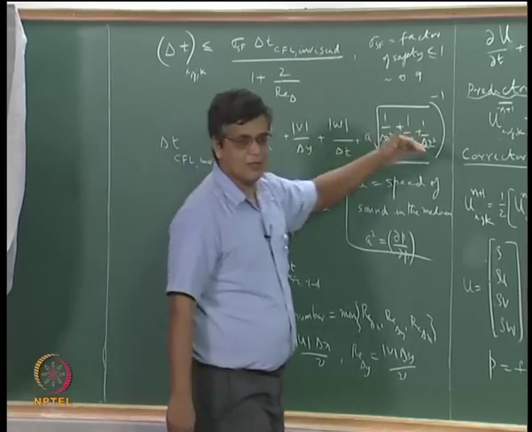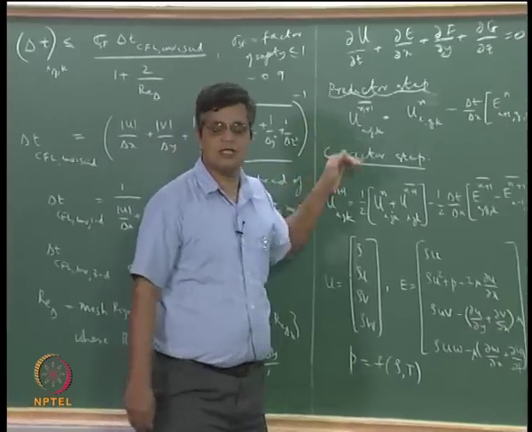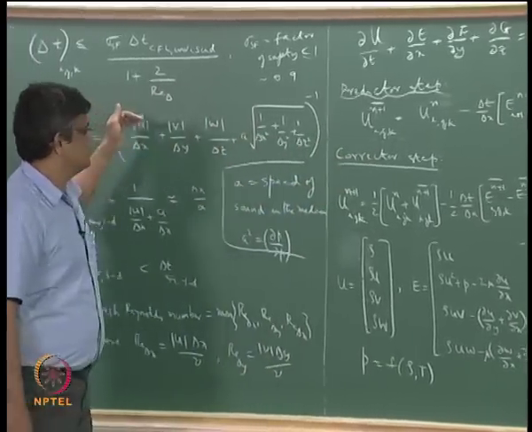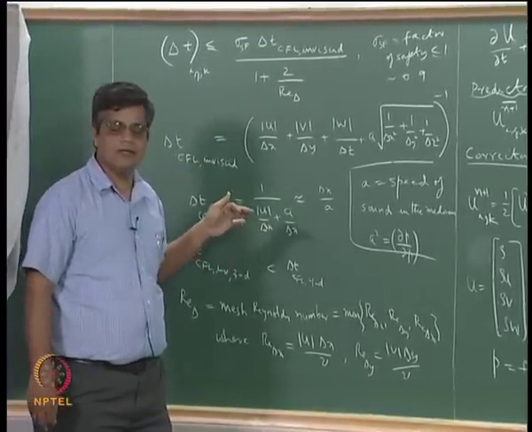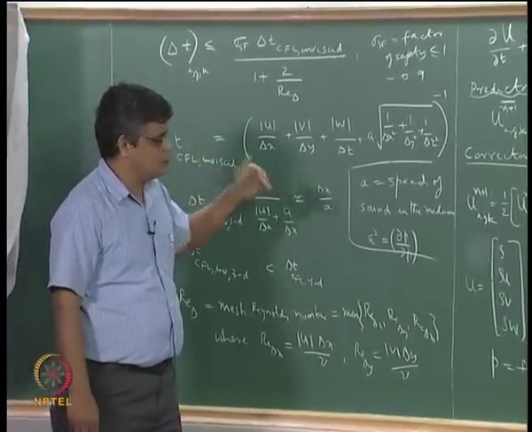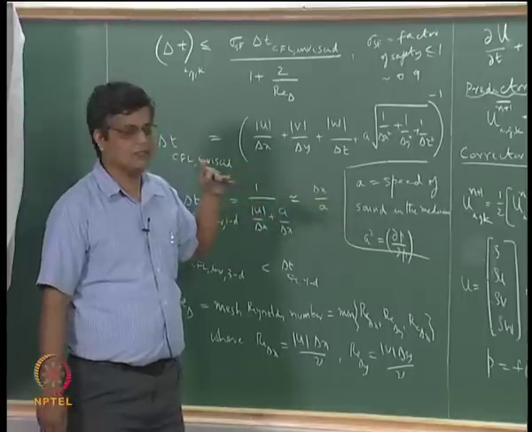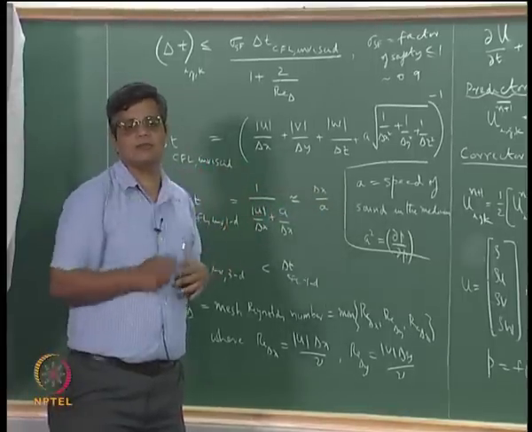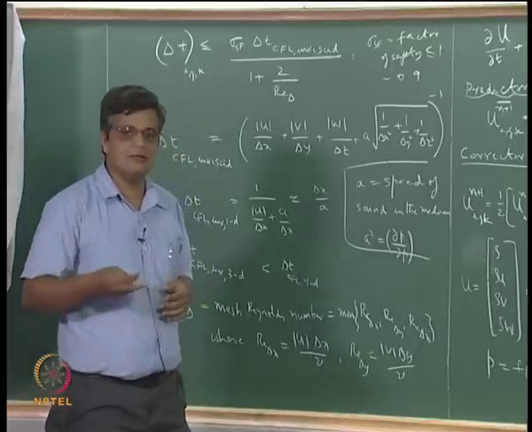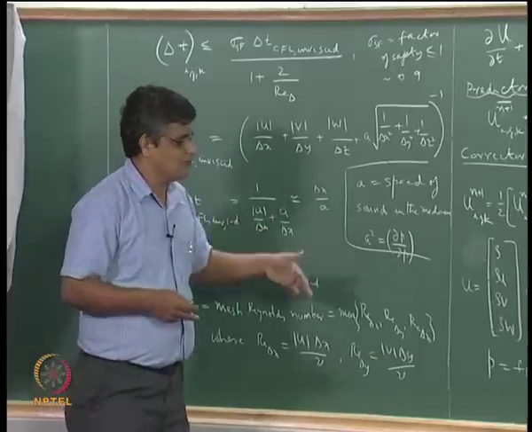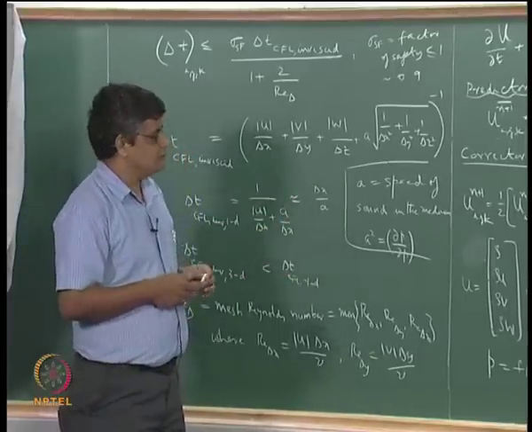So this method is a workable method, and with this stability condition given like this, it is a completely workable method in the sense that you can go ahead and solve this with some initial conditions, and then go on to investigate the evolution of the flow variables as time progresses.